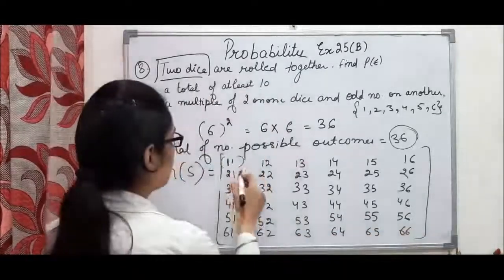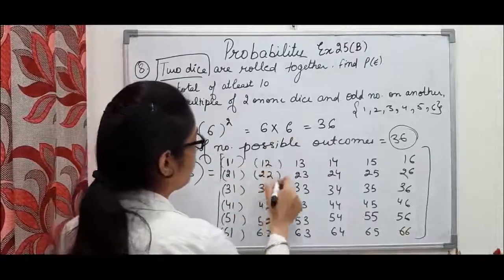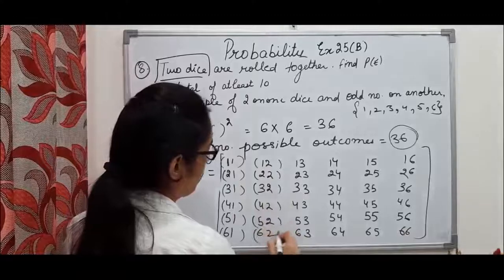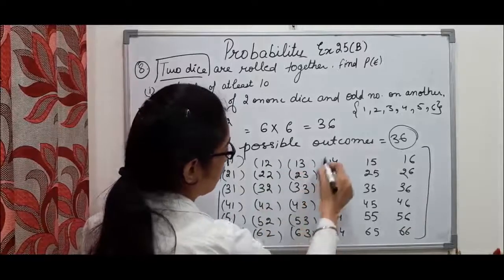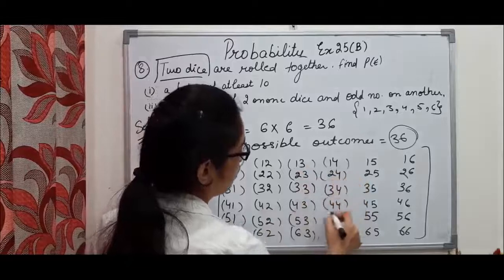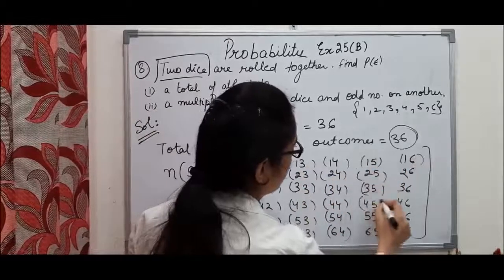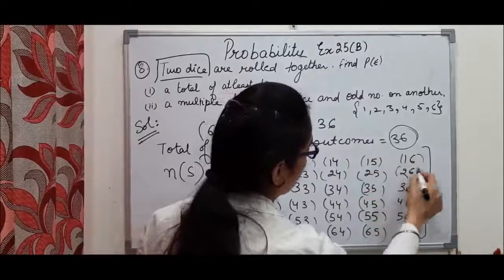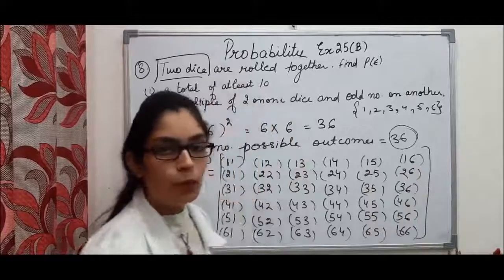Why have I written like this? Now let's write these numbers within the bracket, and these are not double digit numbers. So for each you have to write like this. Whenever a dice is tossed twice, see, both are the same.